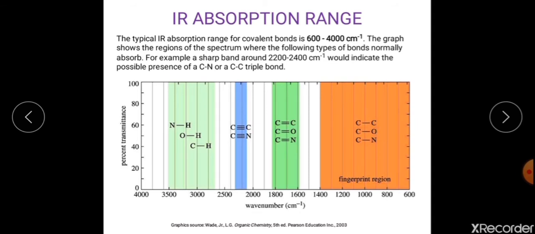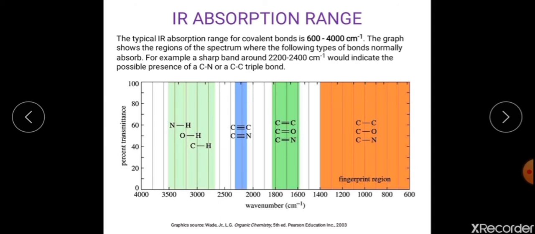What is the benefit of this fingerprint region? We know that everyone has a different fingerprint. Similarly, every molecule will have a different fingerprint, and that fingerprint will not resemble other kinds of molecules.